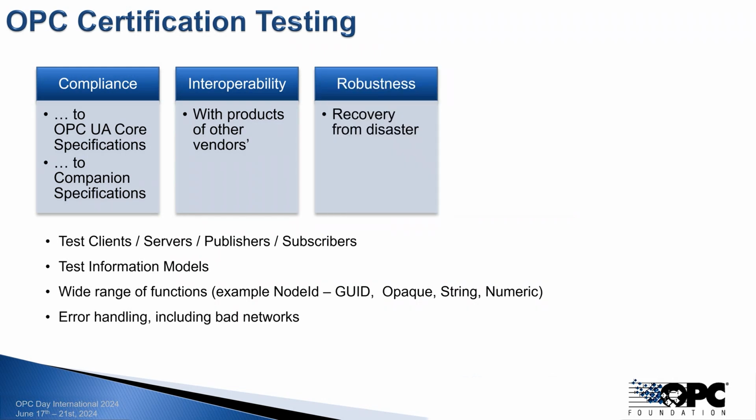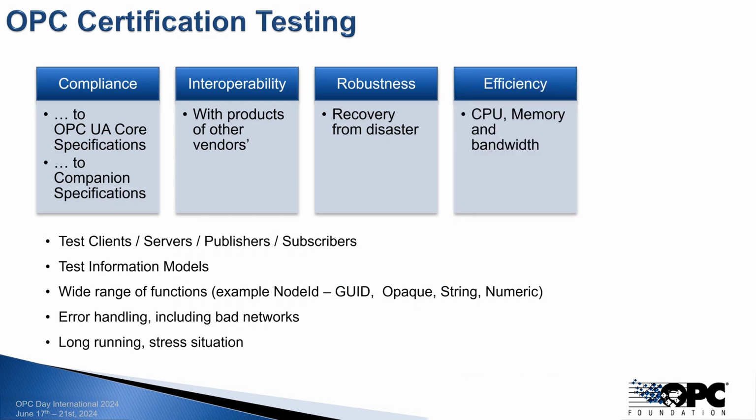We also test that your server and clients or your applications are robust. They can handle error handling, including bad networks and standard problems you may see. We also test efficiency. So we have a long-running stress environment that your product is subject to.